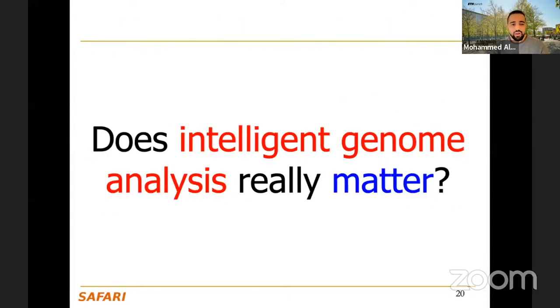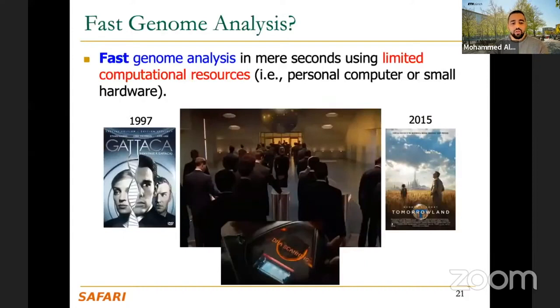Why should we care? I could wait 3 hours to get the analysis. I could wait 2 days to get the analysis. It's not a big deal. So ultimately, we should have something really as in this movie, or what is envisioned in these 2 movies. The first one, Gattaca in 1997, and Tomorrowland in 2015.